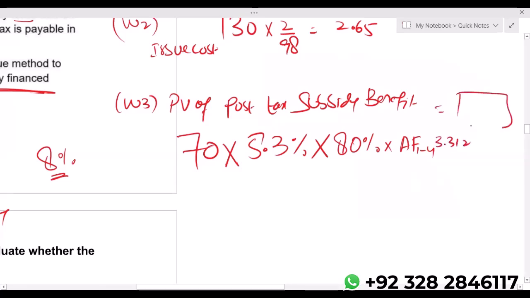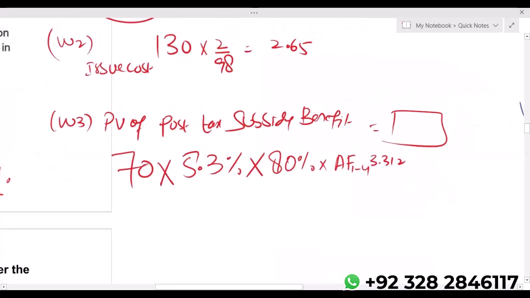So let me use the calculator. 70 into 0.53 into 0.8 into 3.312. Students, I'm getting 9.83.